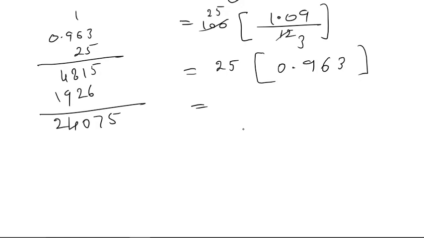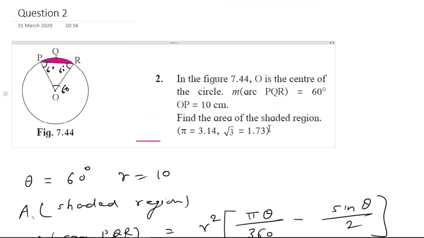After 3 places I use a decimal, so my answer is 24.075. Okay, 24.075 centimeter square is the area of the segment in this case, right?